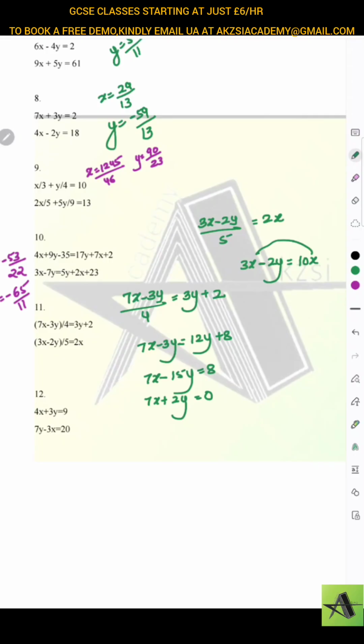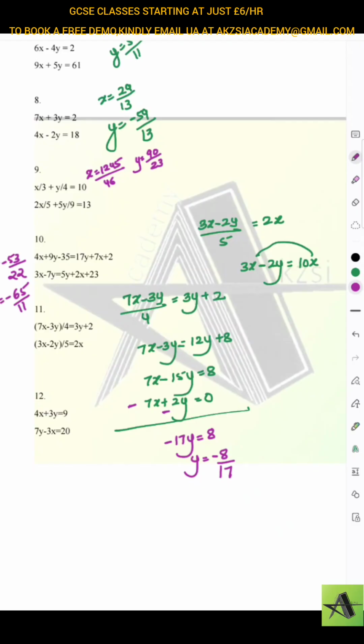Now I can clearly see that 7 is already same, so I just need to subtract it. So subtract. So this is minus 17y is equals to 8, and y is negative 8 over 17. Now substitute the value of y here. So 7x is equals to minus 2y. I have moved 2y onto the right hand side.